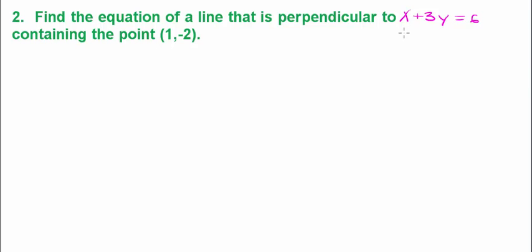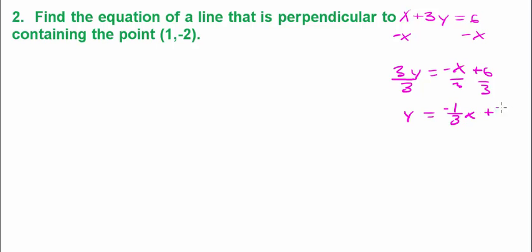We must solve this for y, so we subtract x from both sides. We then have 3y is equal to -x plus 6, putting this into slope-intercept form. I then divide all terms by 3, and so I have y is equal to -1/3 x plus 2.